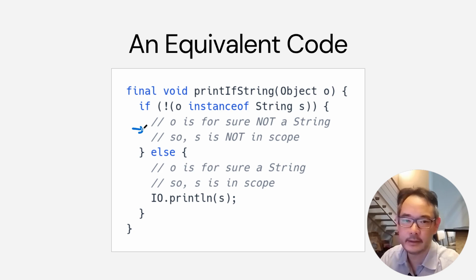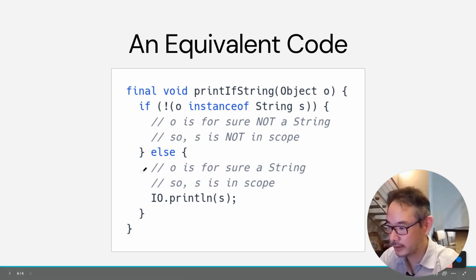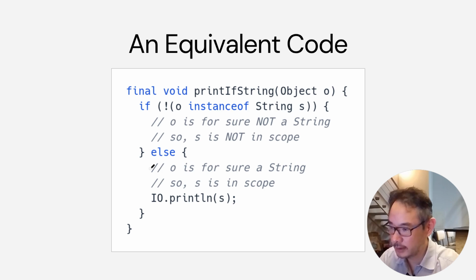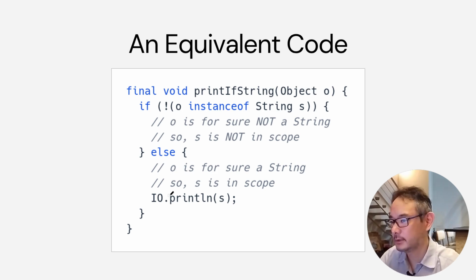So if we're here, the s variable is not in scope. On the other hand, if the code execution reaches this point, then we're sure that the object we got is for sure a string. So the s variable is in scope here.